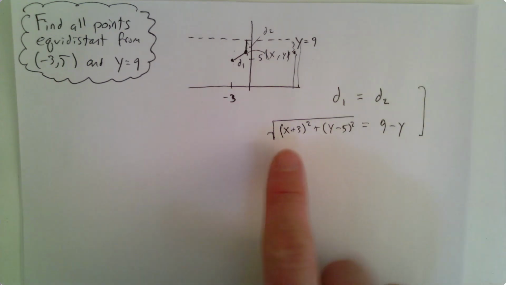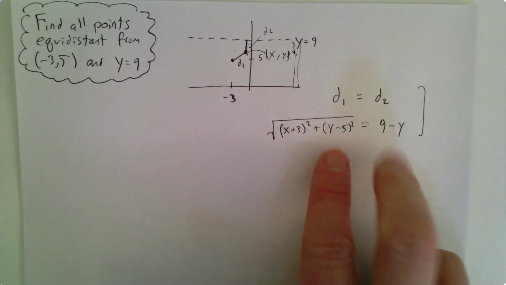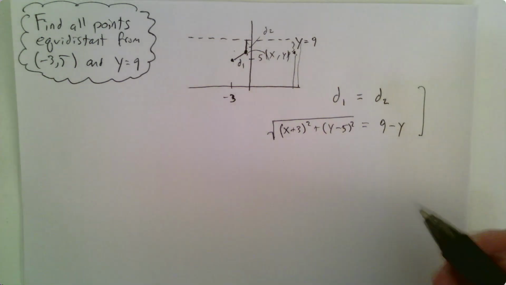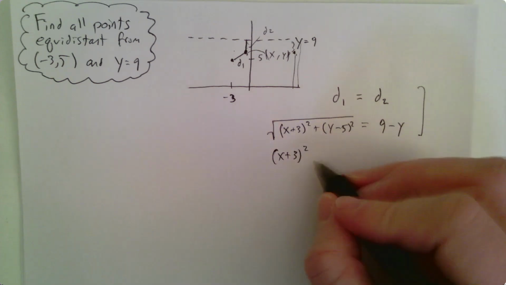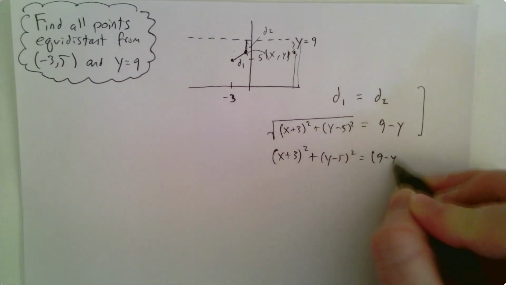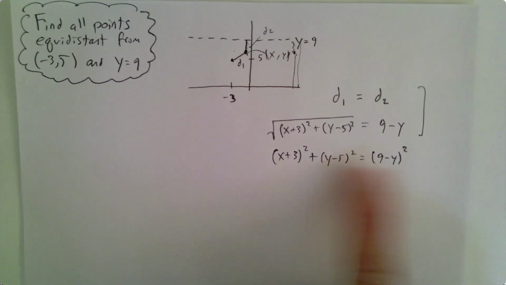Part of this is going to be getting rid of the square root, and then we'll expand parts where we think some of the terms are going to cancel each other. So let's square both sides. Okay, so I see y's on this side and y's on that side.